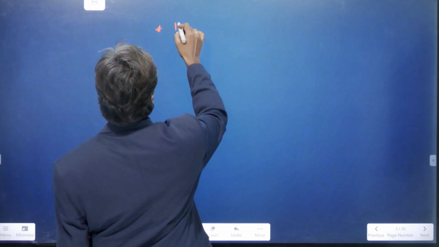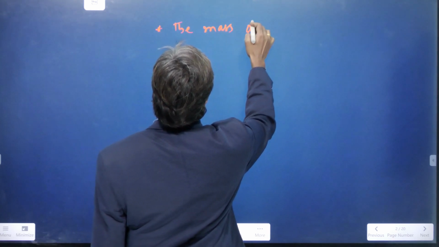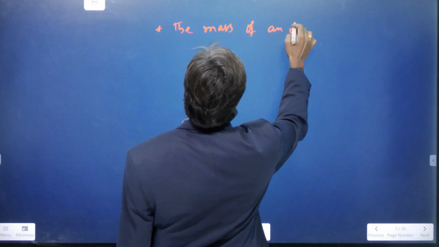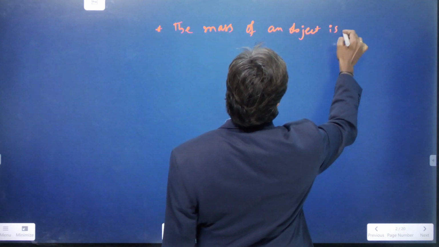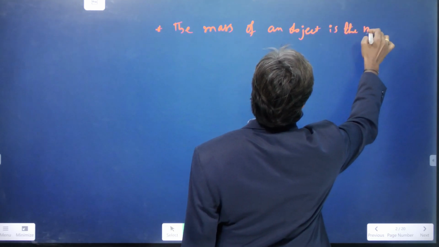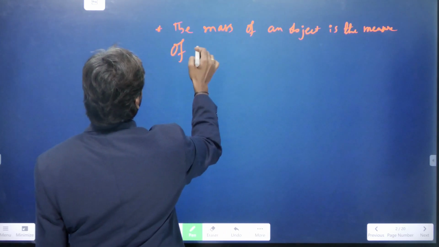So we write: the mass of an object is the measure of inertia.